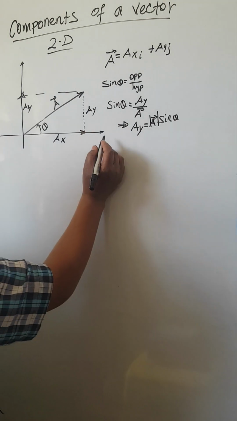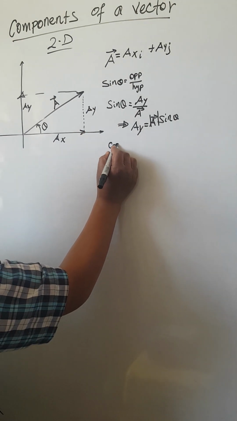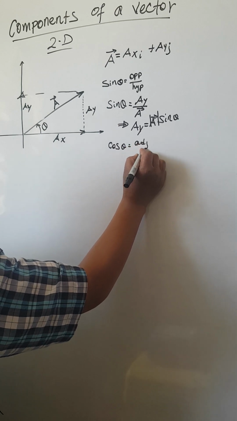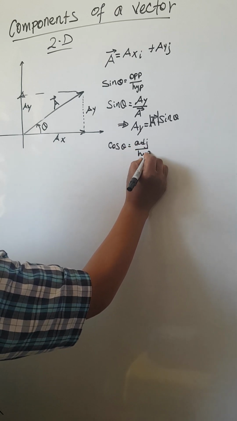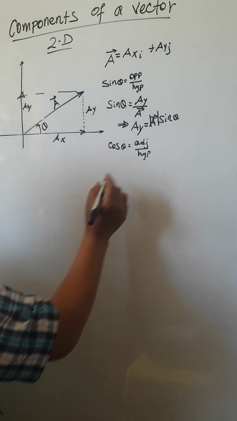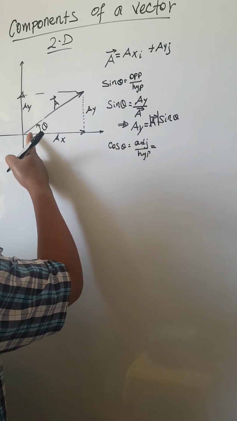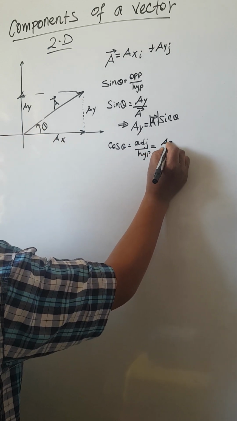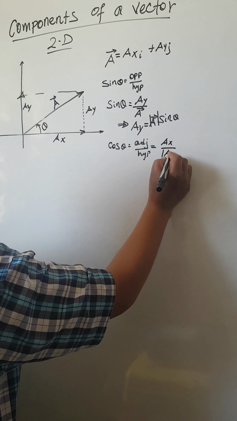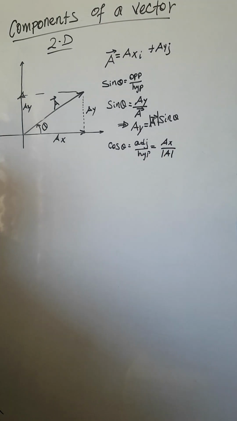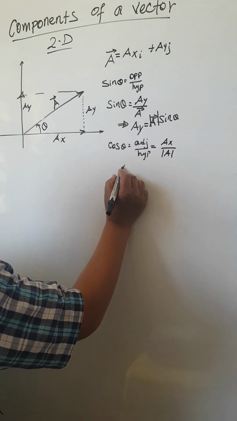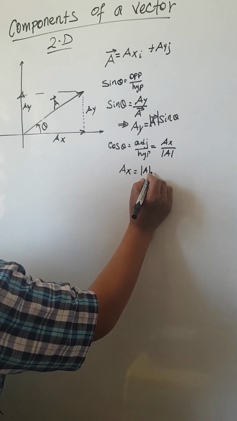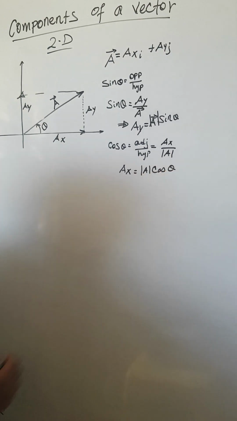In the same manner, cosine of theta is equal to adjacent over hypotenuse. The adjacent for this angle is Ax, and the hypotenuse is again the magnitude of A. Then Ax is equal to magnitude of A cos theta.